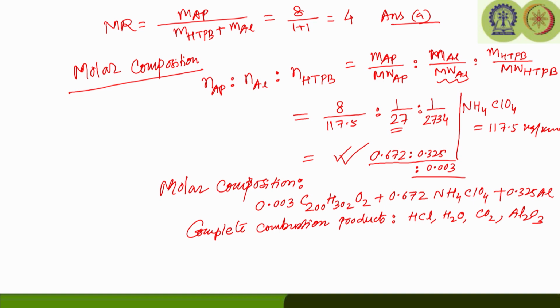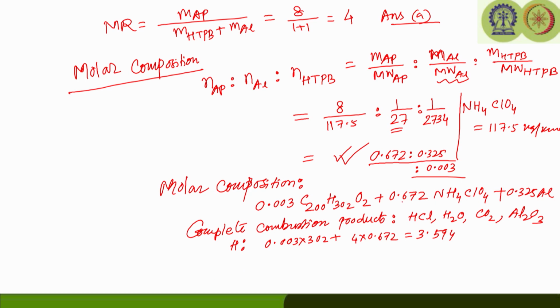Okay. So, how many number of hydrogen? We can add up like 302 into 0.003. So, for hydrogen if you calculate, it is like 0.003 into 302 plus here we have 4 into 0.672, that will give us like 3.594 hydrogen atoms.